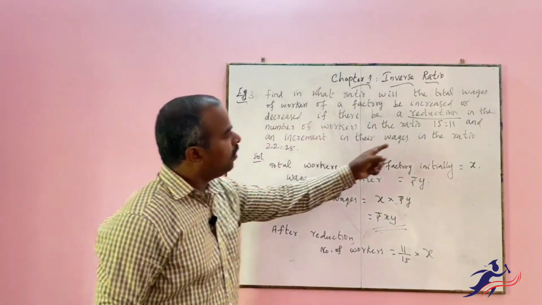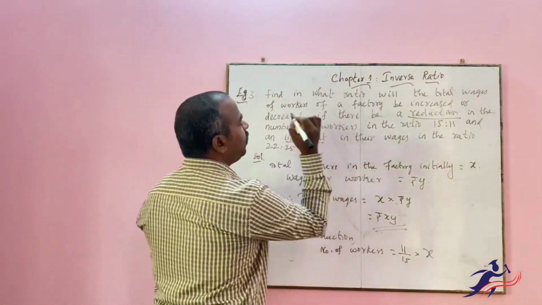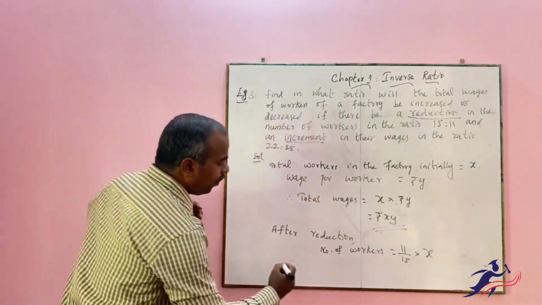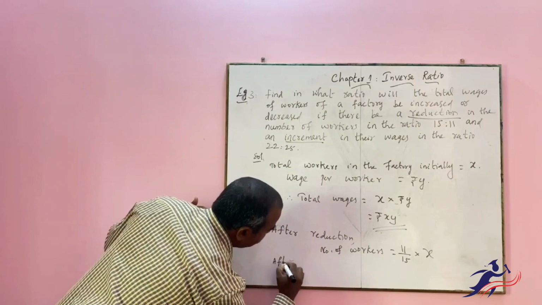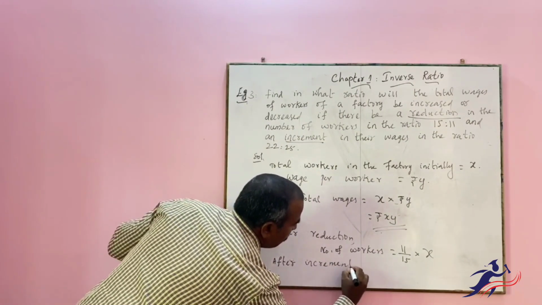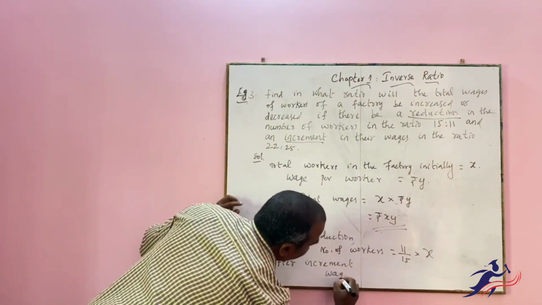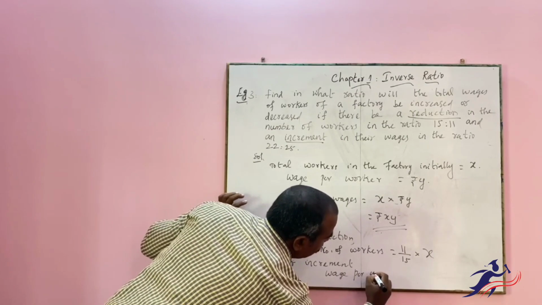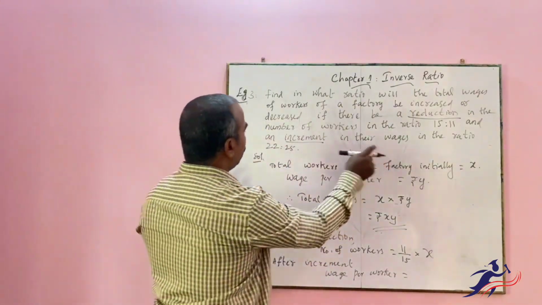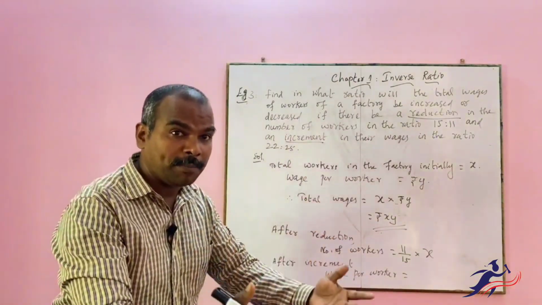Also it is given an increment is given in their wages. Increment means increasing. Therefore, after increment, the wage per worker is in the ratio 22 is to 25. So here also they are giving increment.